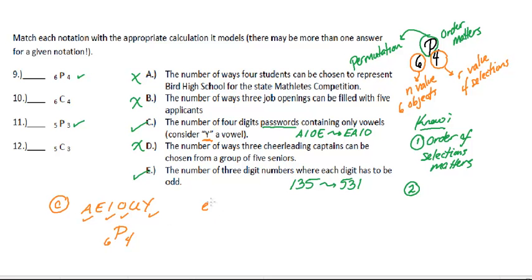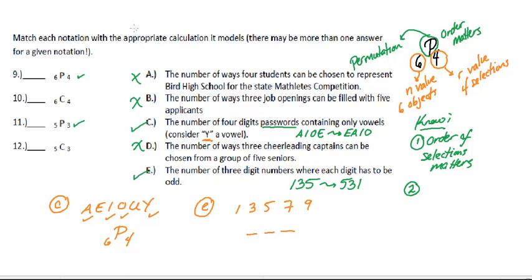And then for E, the number of 3-digit numbers where each digit has to be odd. Well, what are my odd numbers? 1, 3, 5, 7, 9. And I've got those 3 positions to plop them in. I have to remember that for these, I'm just going to end up choosing one of them. Now, one thing I realize I need to add to the worksheet: there can't be repeats.